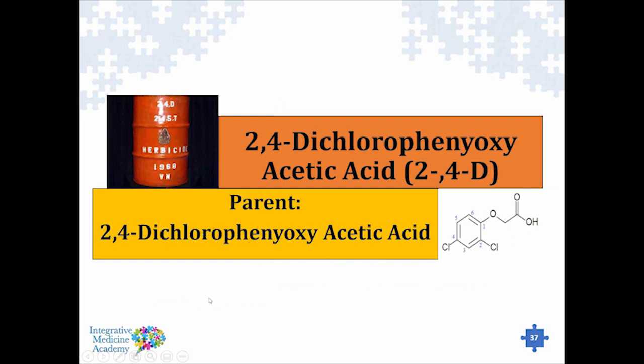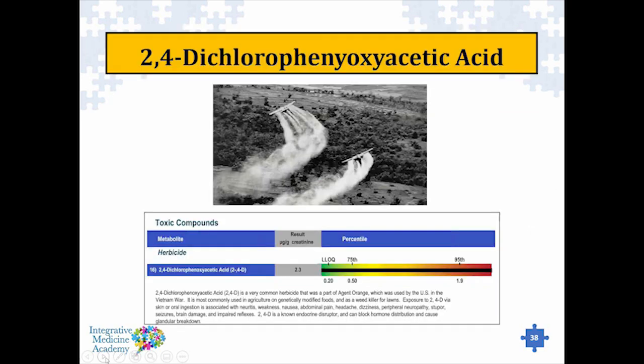2,4-dichlorophenoxyacetic acid, or what's called 2,4-D. This was a chemical that was used in the Vietnam War as part of their Agent Orange campaign. They sprayed this around to create some deforestation to be able to see the enemy better. It's now used as a weed killer for lawns. It is a major nervous system toxin for many people.